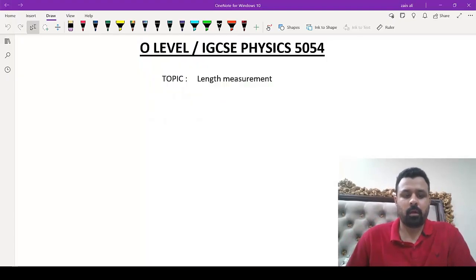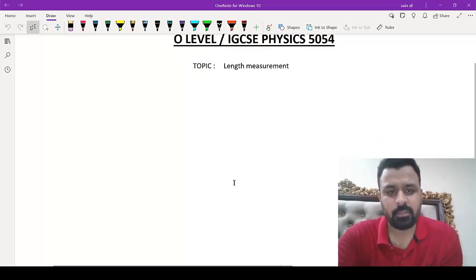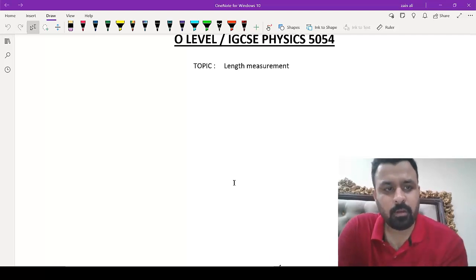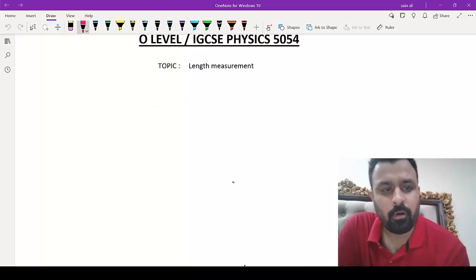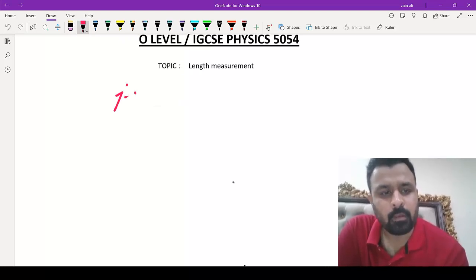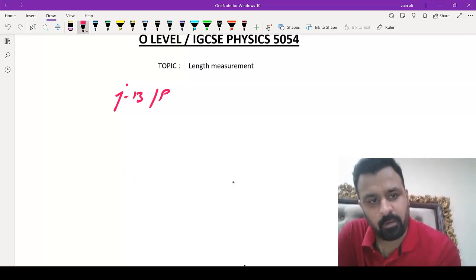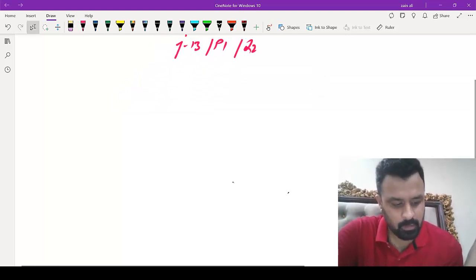Now I am going to discuss a relevant MCQ from a past paper. An MCQ in the paper of June 13, paper 1, question number 2, is relevant to our today's topic.